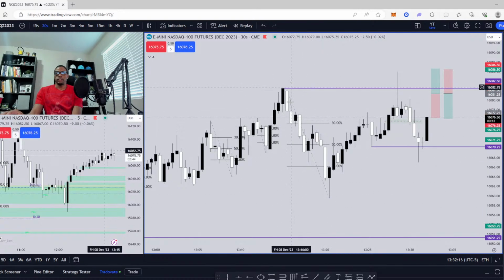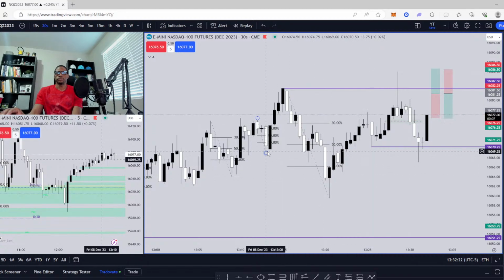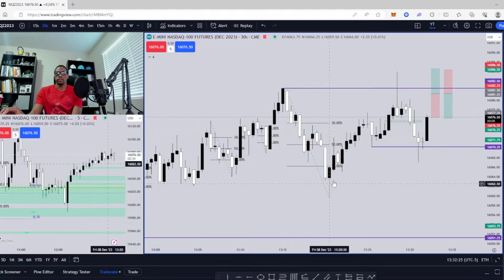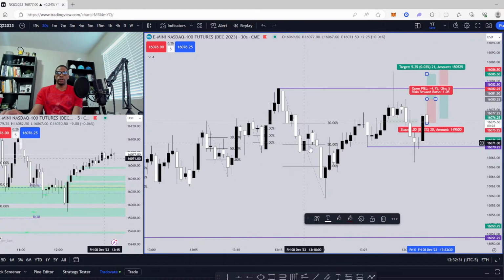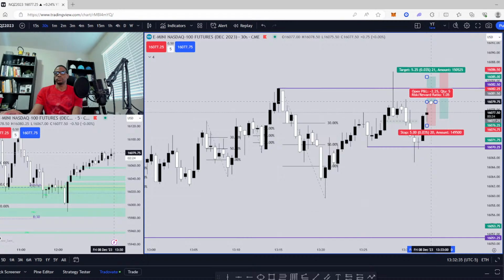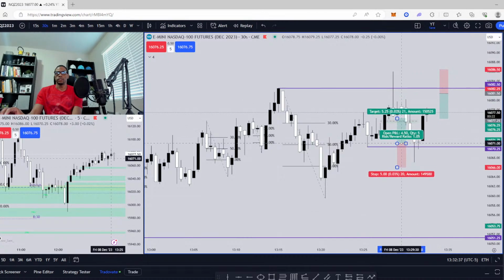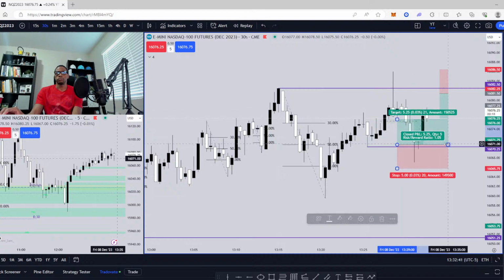On this big range, if you took a more macro look at price, you had a low swept over here on the move down, and then you had a new high put in. So anyone who would have wanted this, since this range is so large, there's no way I would have taken this prior to the 50%. But even then, I'm not even sure that would have produced a winner. Oh, it would have.